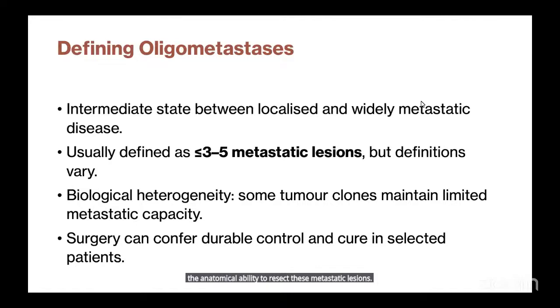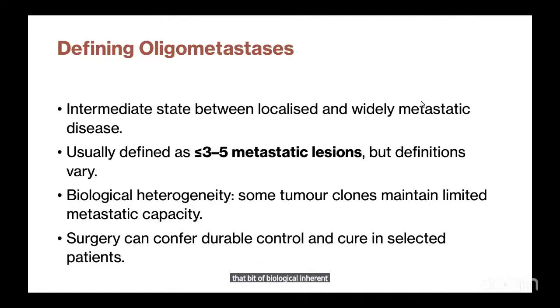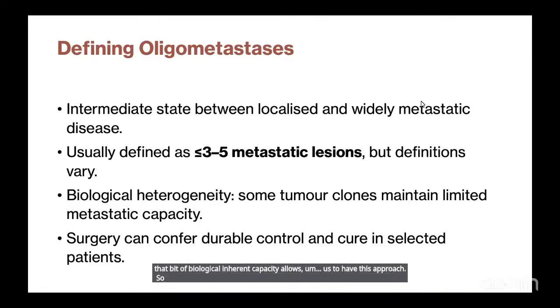There's some biological heterogeneity. Some tumor clones maintain limited metastatic capacity. This is just a nod to the fact that not all tumors operate the same and not all tumors metastasize the same. That inherent biological capacity allows us to have this approach. So surgery can in fact confer some durable control and cure in selected patients.